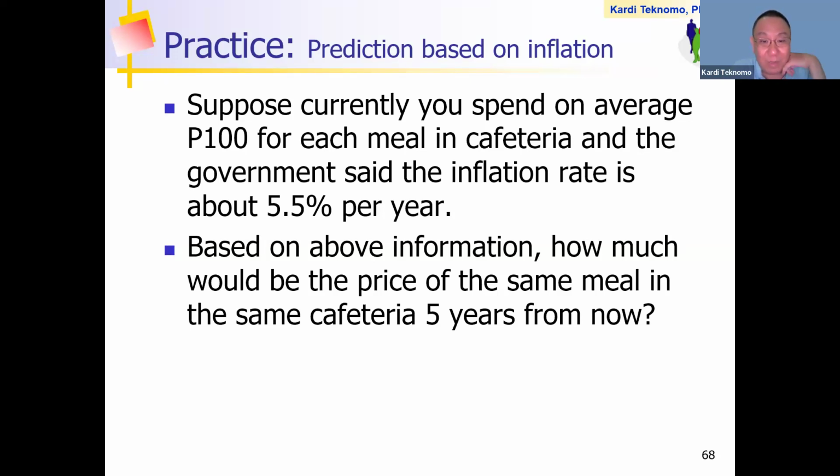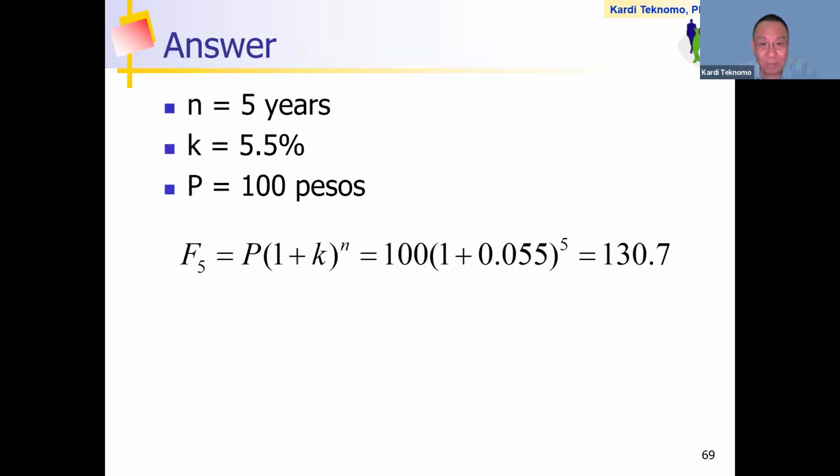Based on that information, how much is the price of the same meal 5 years from now? Put that into the same formula, and you will get 130 pesos in 5 years. So that is the first formula.